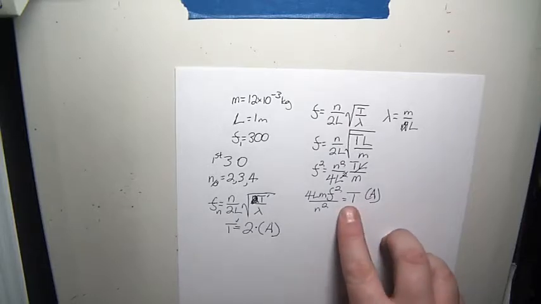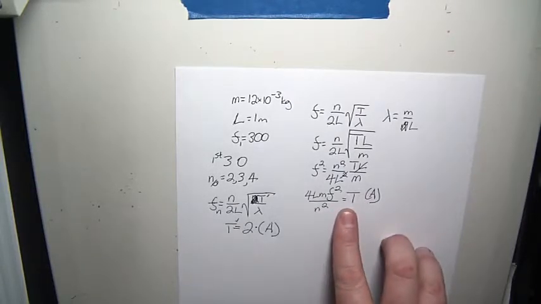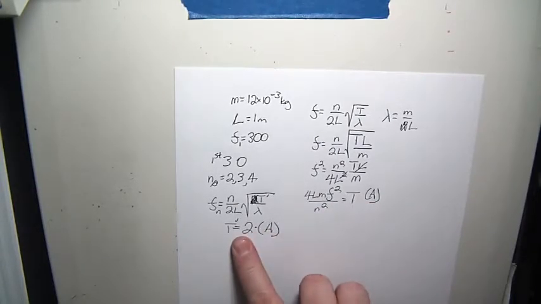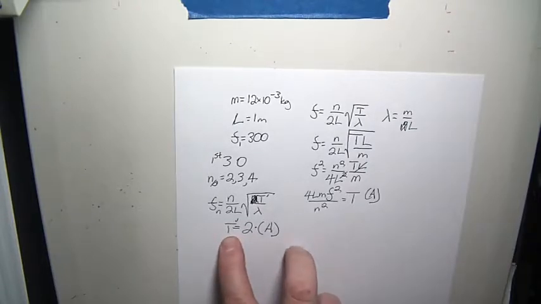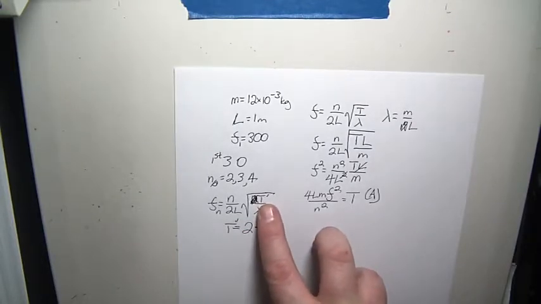You take that T that you get from part 1, you double it, so now you got T prime, and that T prime goes in there. What is A?